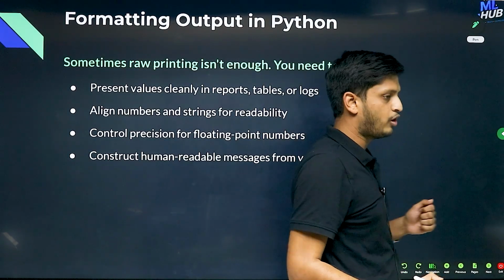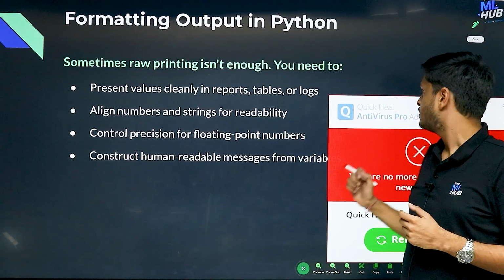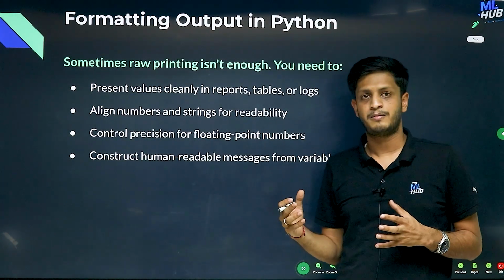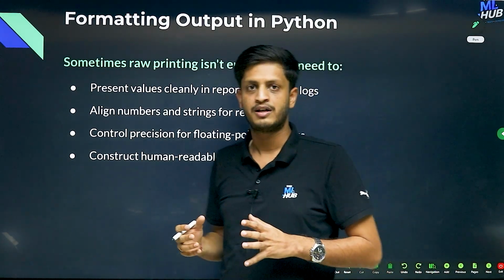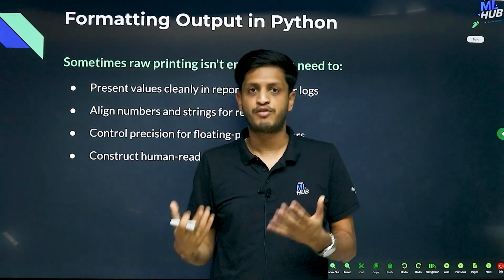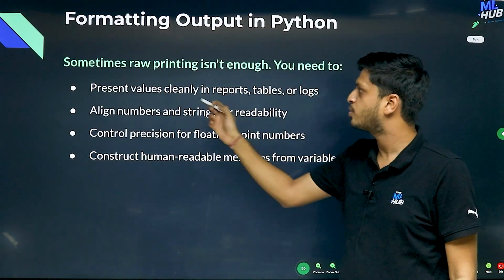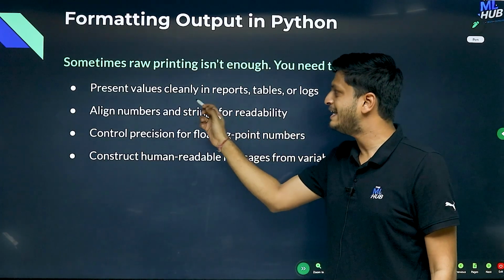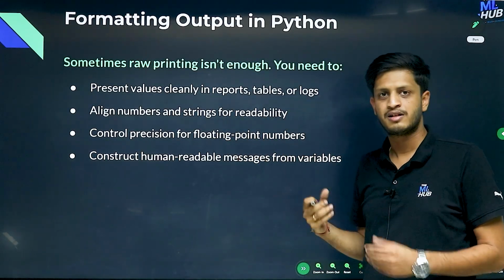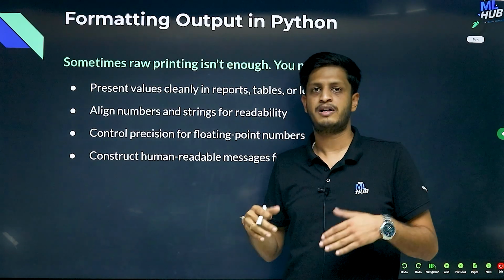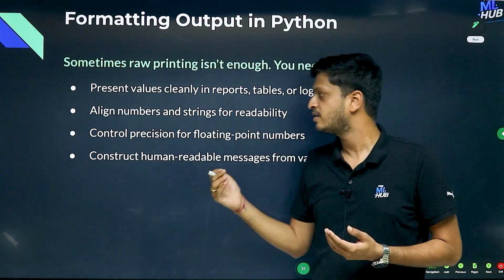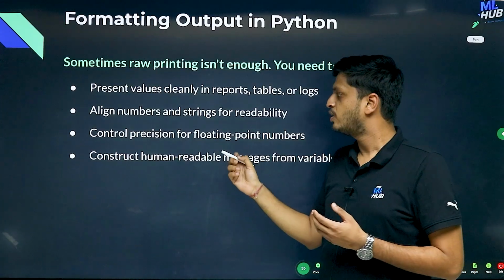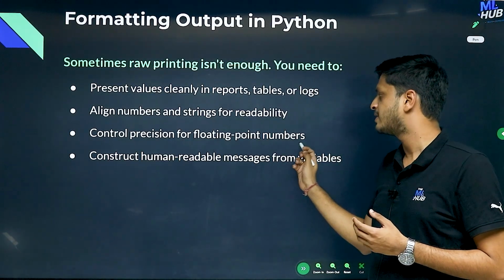Okay, so formatted output is used if you don't want the raw output. Instead, you want the output in a better format. Sometimes raw printing isn't enough. You need to present values cleanly in reports, tables or logs, with better visualization. You want to align numbers and strings for readability. You want to control the precision of floating point numbers.